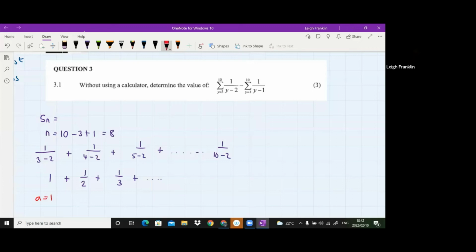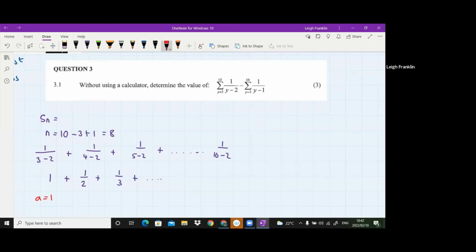That's not what I'm getting. I could be wrong. We're getting a difference, right? Hang on a second. Did we do something wrong here? So top minus bottom, 10 minus 3 is 7, 7 plus 1 is 8. We're subbing in and we're starting at 3.